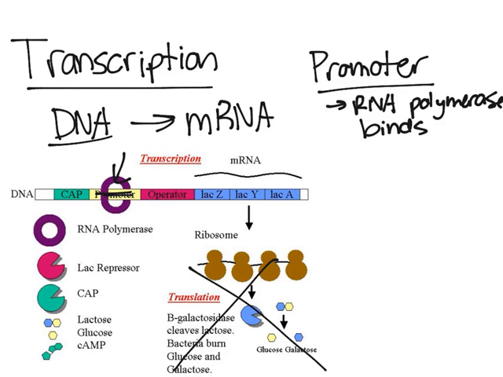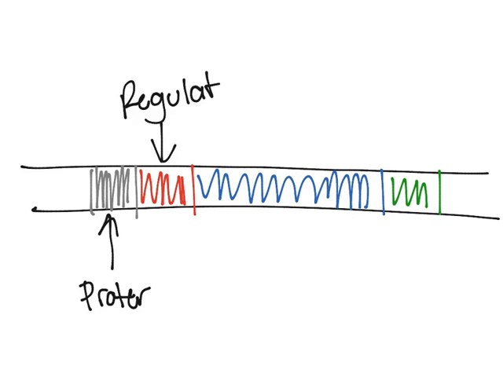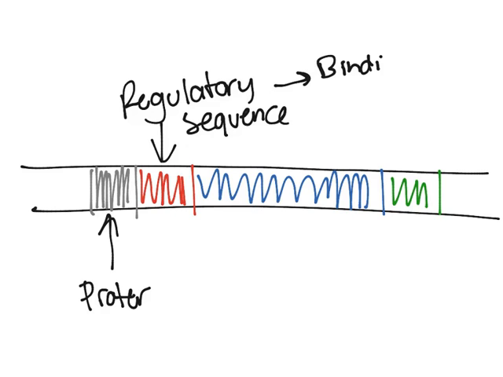Actually, let me use a different diagram. This one's pretty complicated, so let me clear this. I just drew it. So here's a promoter. And then the next section of the DNA right here is a regulatory sequence. It's the site of binding, where regulatory proteins bind.